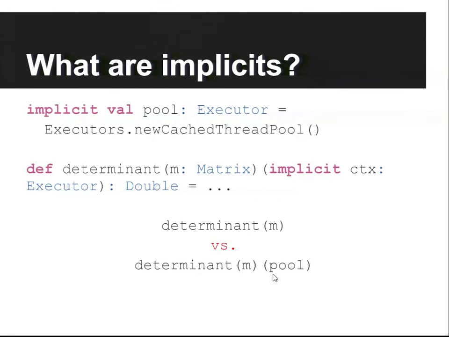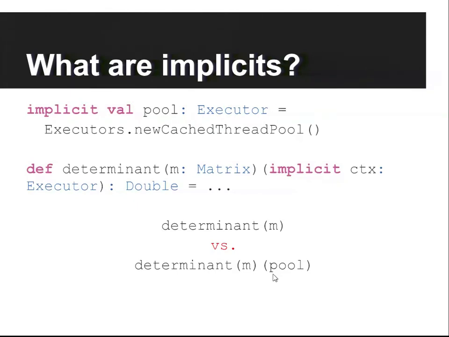So yeah, this is showing an example from my book where one use case for implicits is really awesome is say I have a library that I want to have in some sort of threaded context, but I don't really know what the threading context is. Say I'm running on a server and I need to make sure my threads don't stomp on each other. I can define my library, this is calculating the determinant of a matrix, to take in an implicit Java executor.